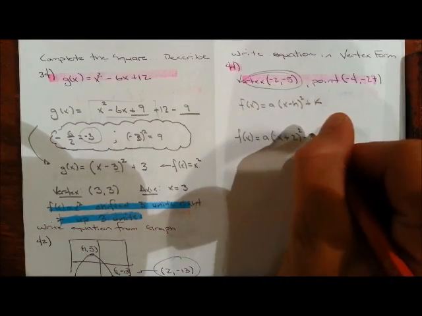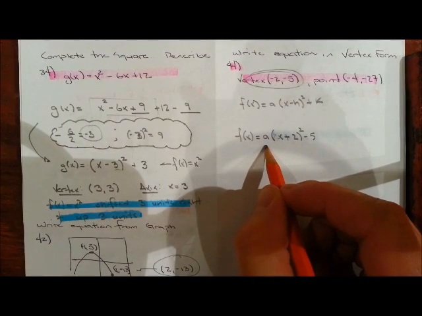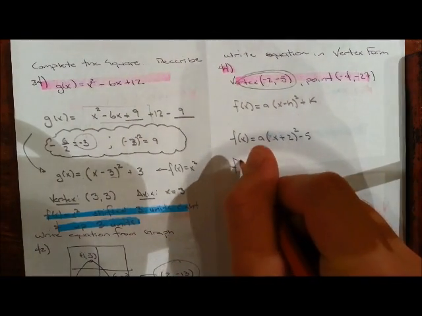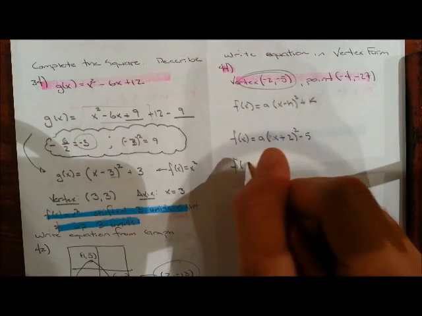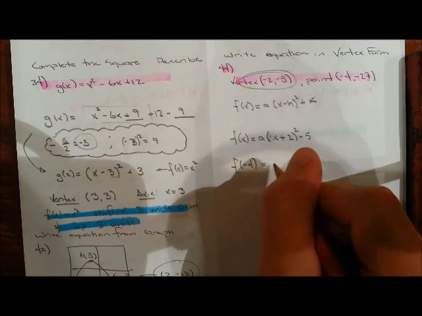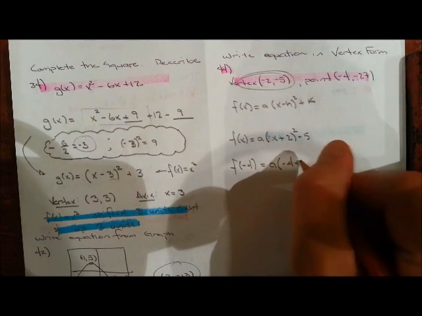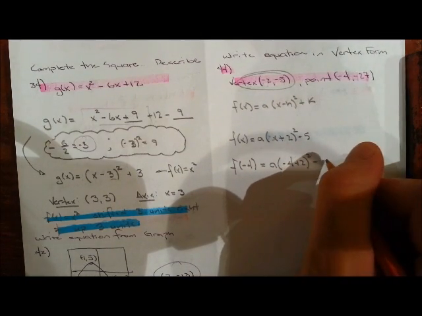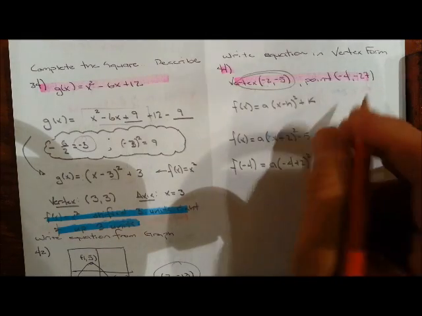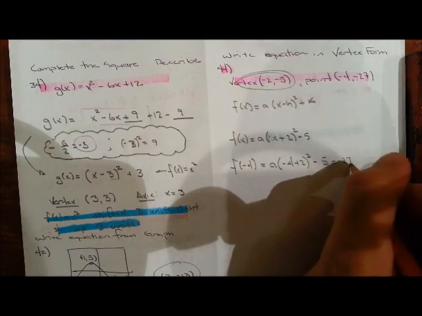And then I have the negative 5, so minus 5. So now all I'm going to do is find a. In order to do that, I'm plugging in f of x, which is negative 4, equals a times negative 4 plus 2 squared minus 5. That all equals negative 27.